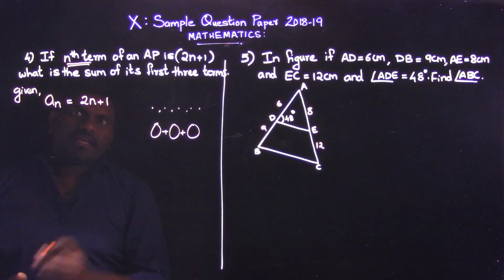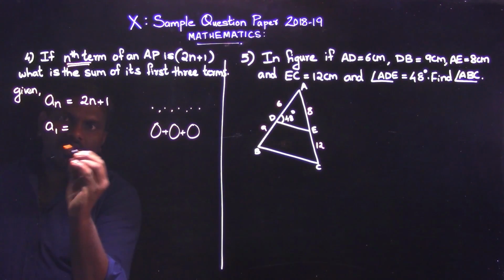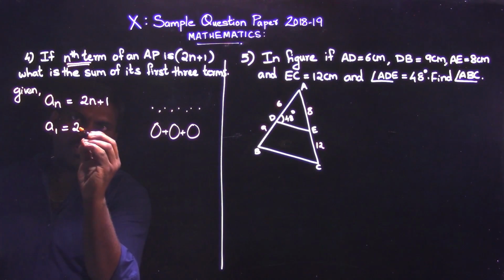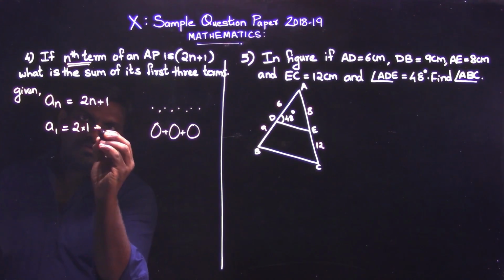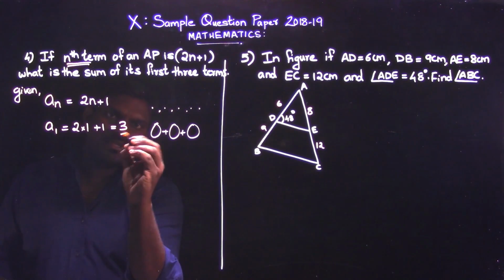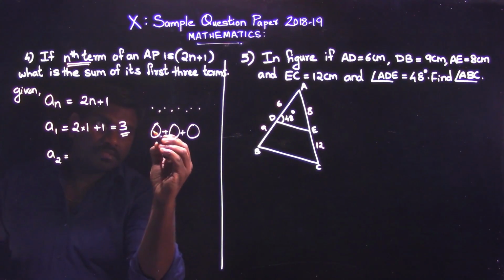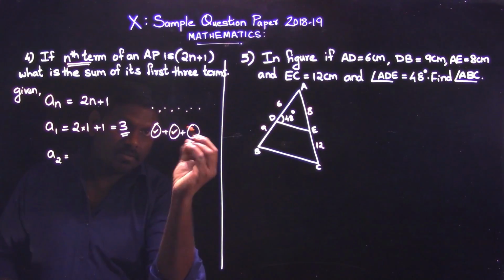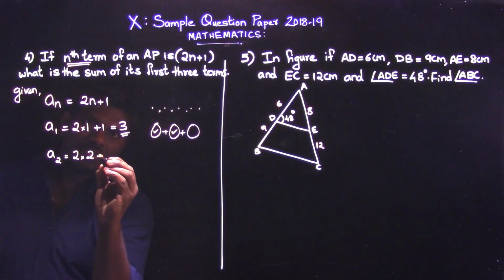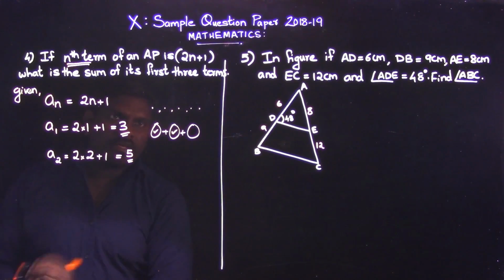Now an is given, so it's pretty easy for us to find a1. Just keep n as 1, and it's going to be 2 plus 1, which is 3. A2, the second term: 2 into 2, n is 2 here, plus 1, 4 plus 1, which is 5.